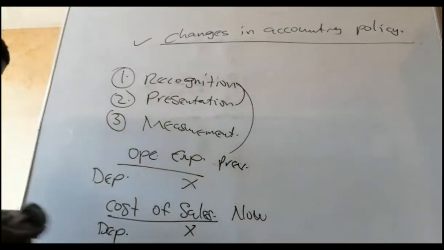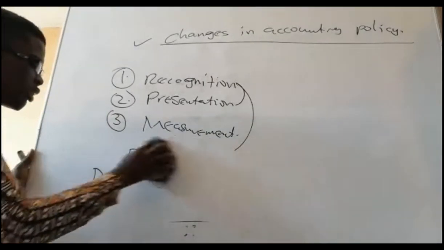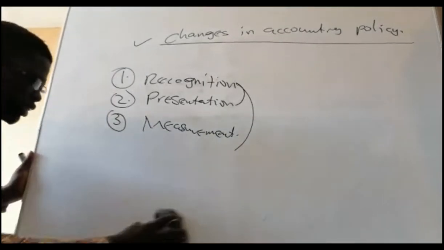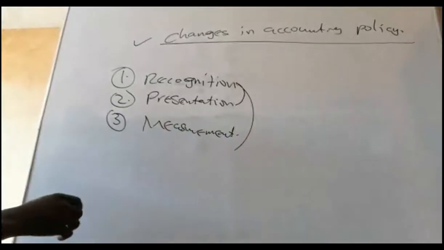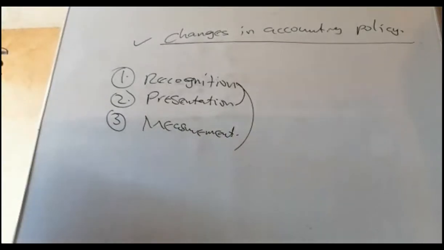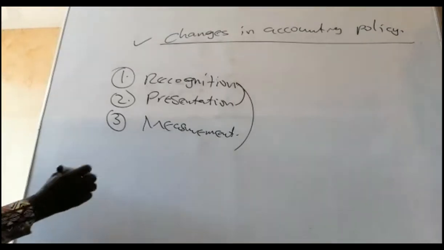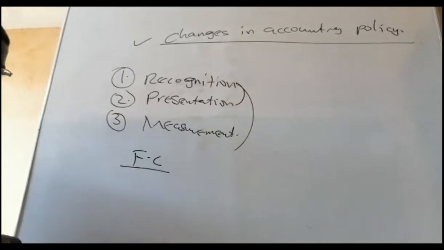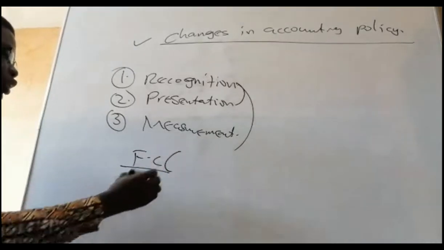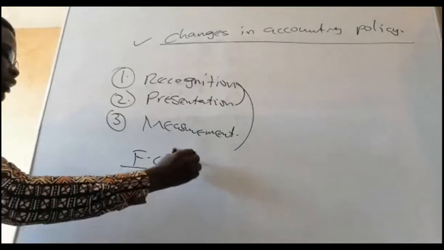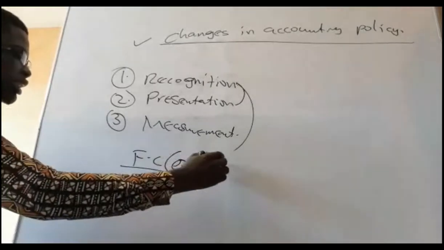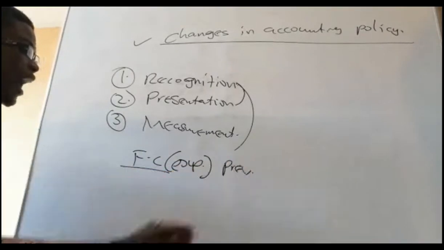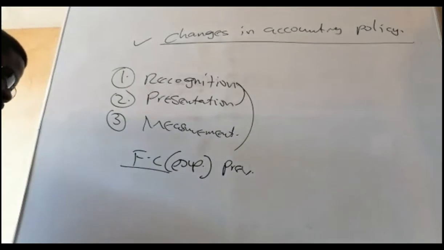Then we can also go back to IAS 23 again, the borrowing cost. The finance cost, previously, was classified under finance cost in the P&L, or it was expense in the P&L. So expense in the P&L, that's the previous, before IAS 23 came to being.